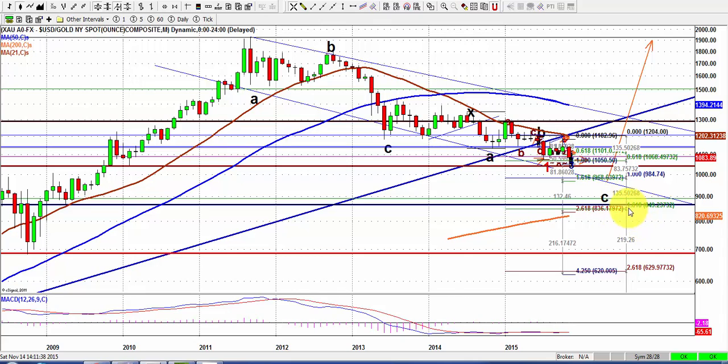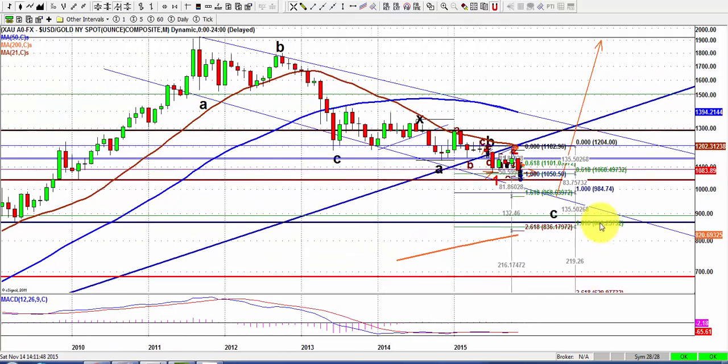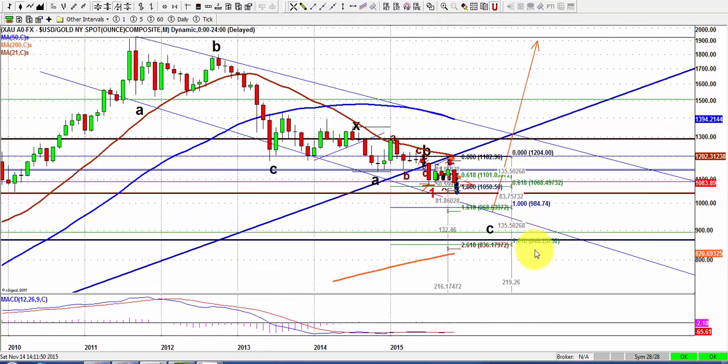And as you can see, the extension of the A leg would take you down to right here, and I'm not going to miss it. I think it is 849 or 845 or something. It's right here. Do you see that? And what is important to observe is that it coincides with the support level. Do you see?